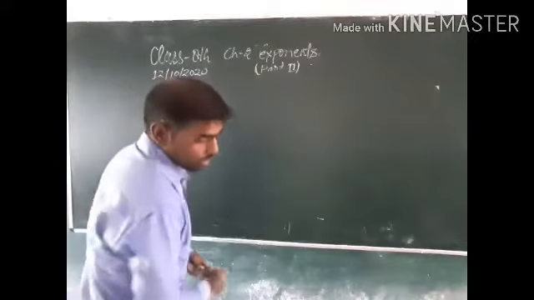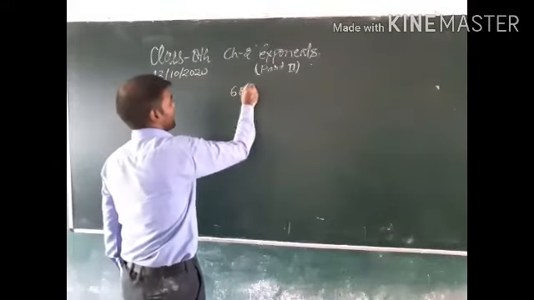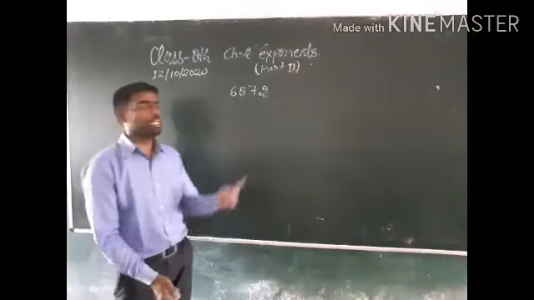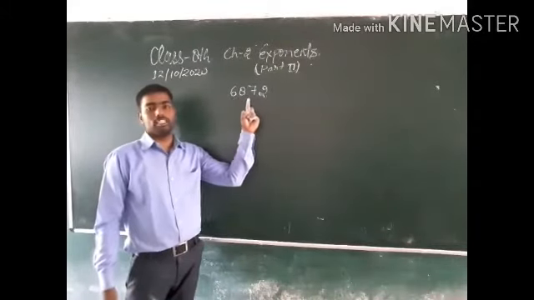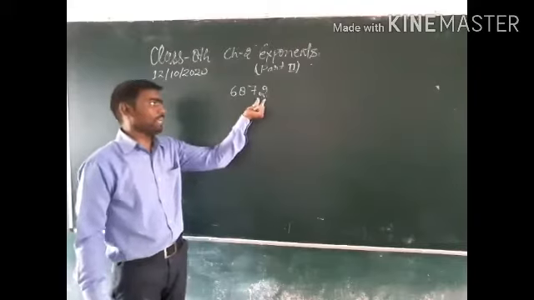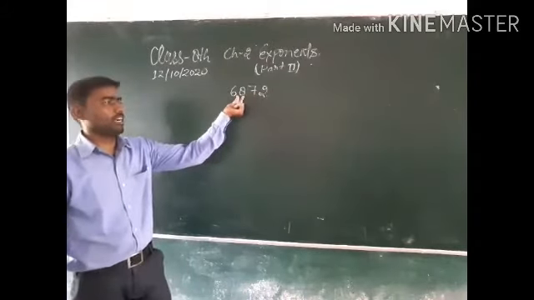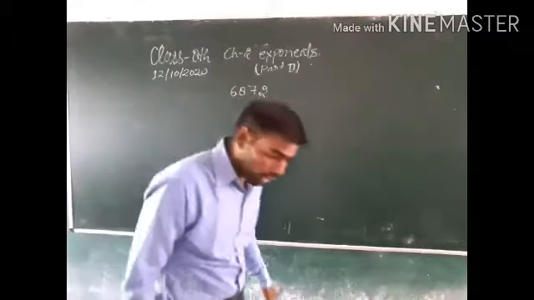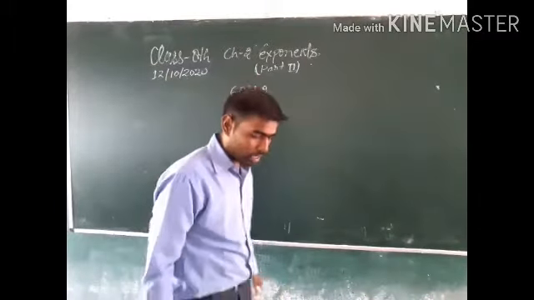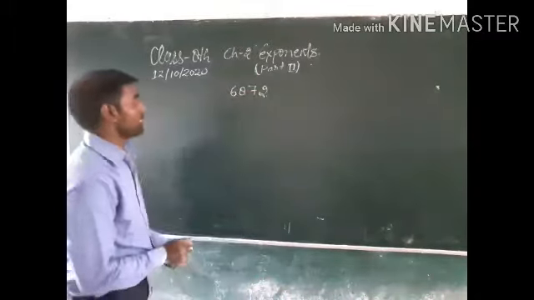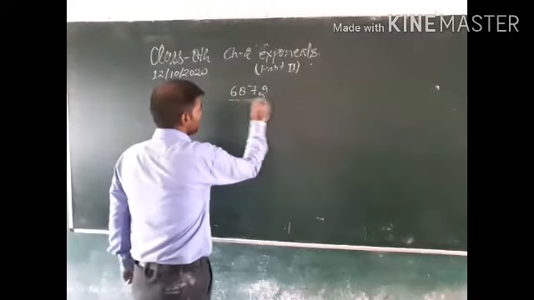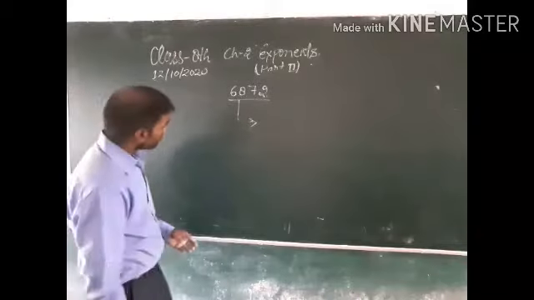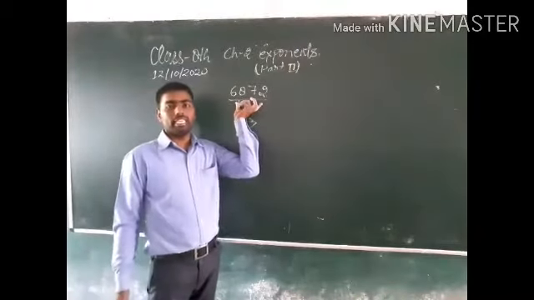6872. This is a 4-digit number. This is the unit place, this is the 10s place, this is the 100s place, and this is the 1000s place. Express the following number in standard form. How can we write this number in standard form?